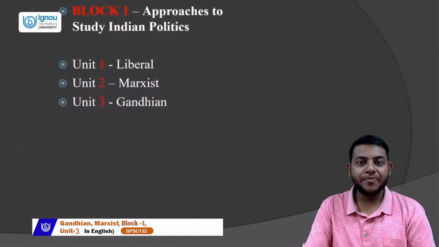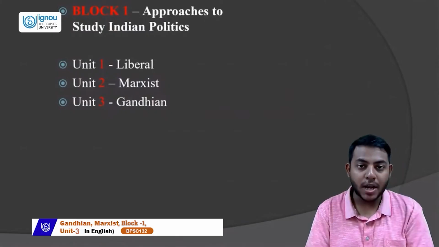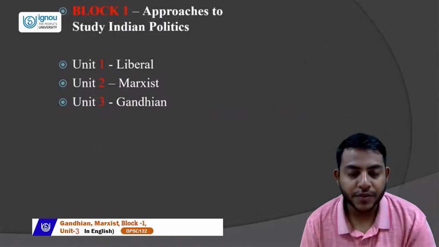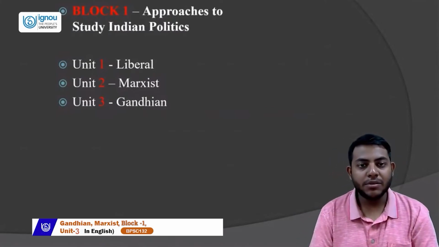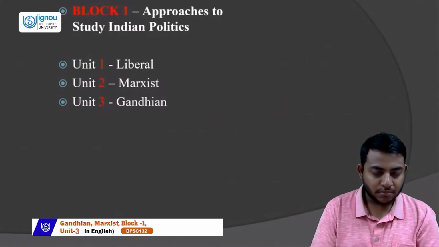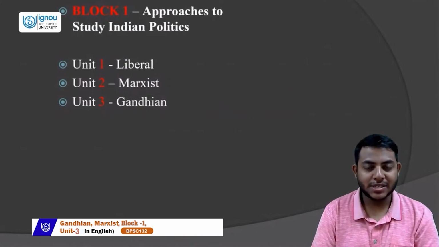So far in this paper, we have discussed the first block, that is block 1, which is pertaining to approaches to study Indian politics. In this block, we have so far discussed the first unit, the liberal approach to study Indian politics, which we finished in the last class.